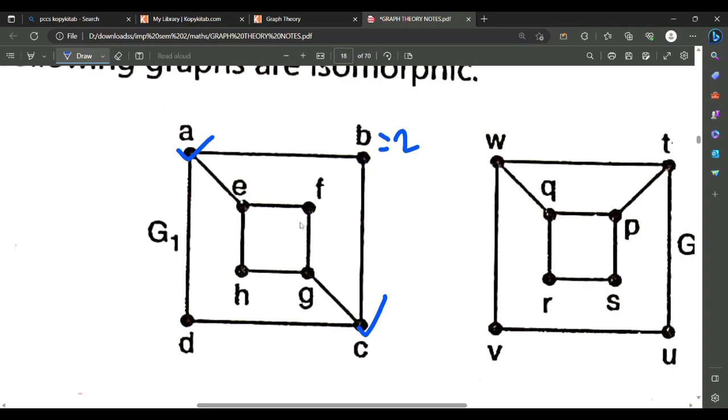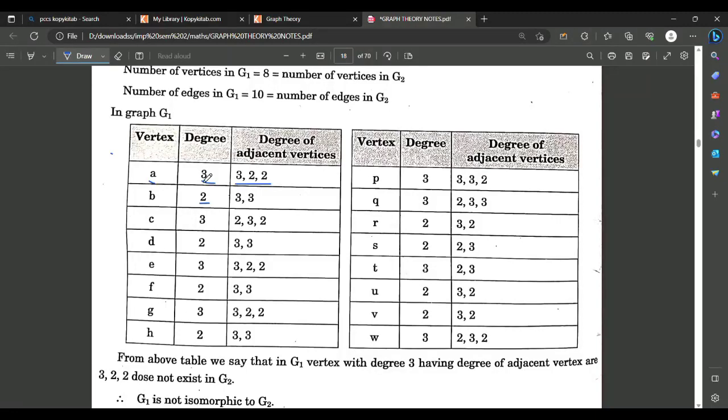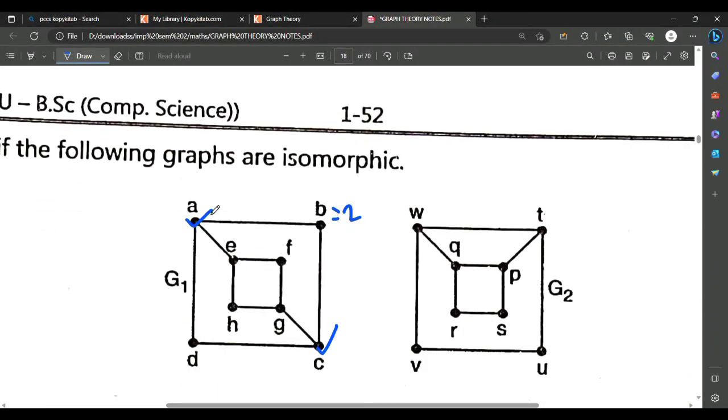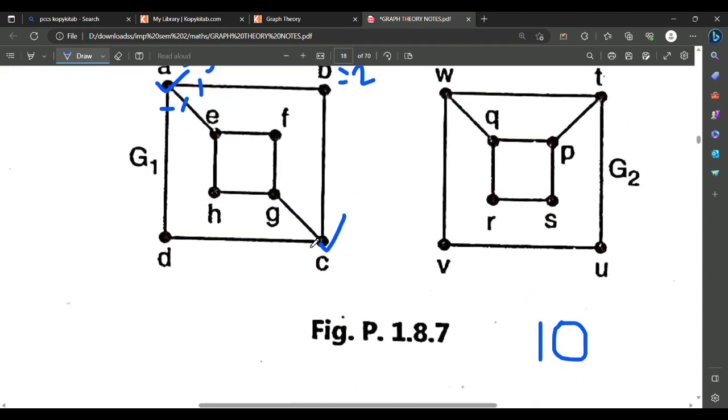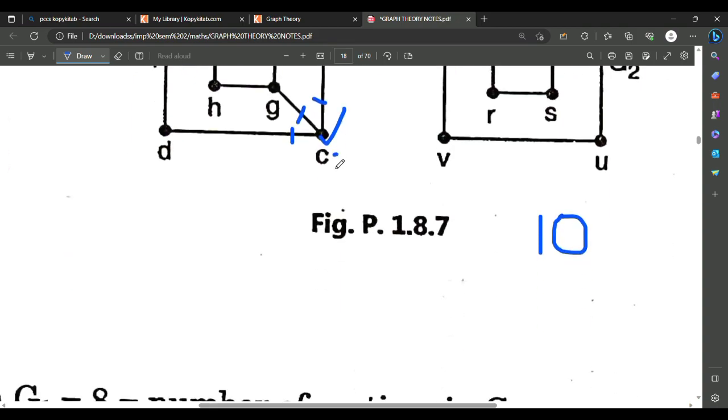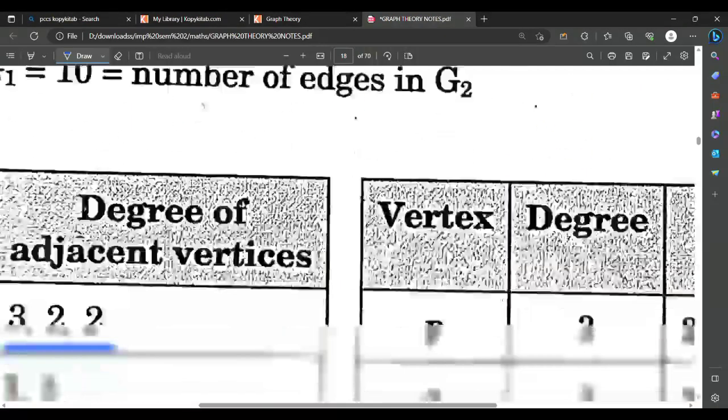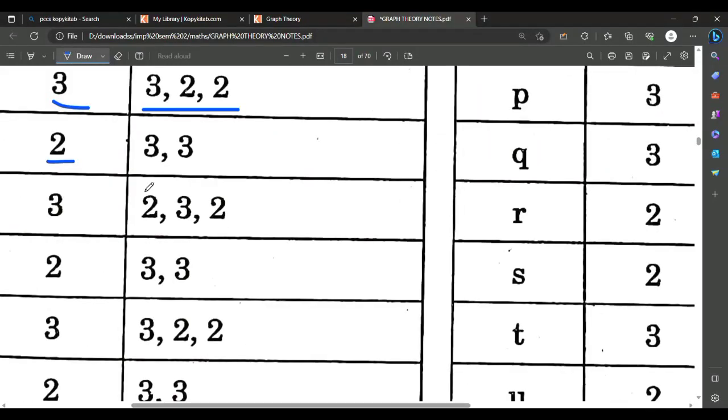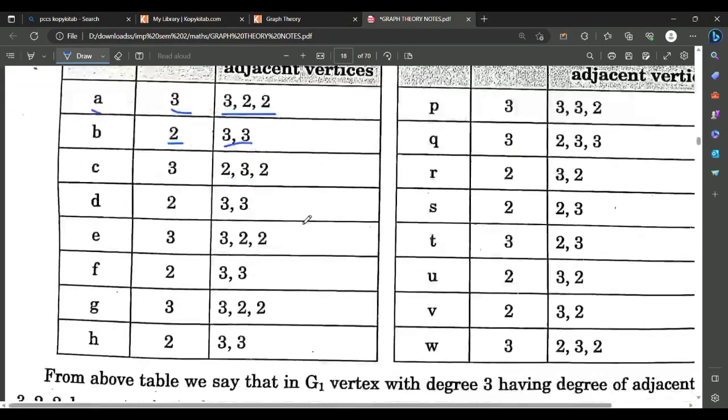A has a degree of 3, that is 1, 2 and 3. C also has degree 3. So we will write here 3, 3.